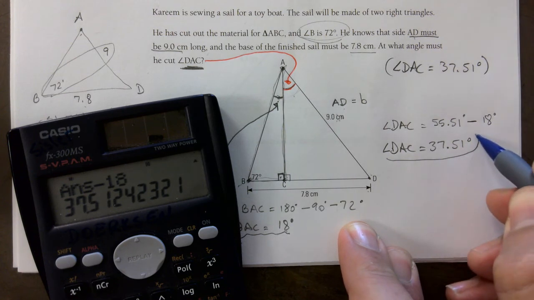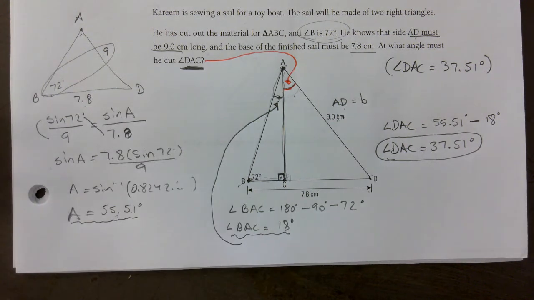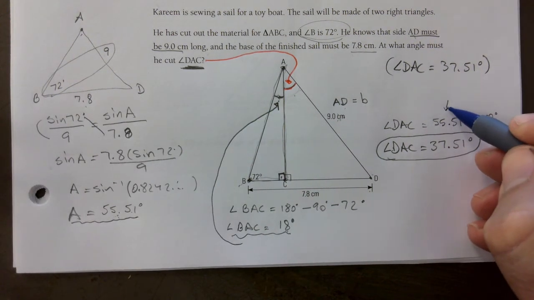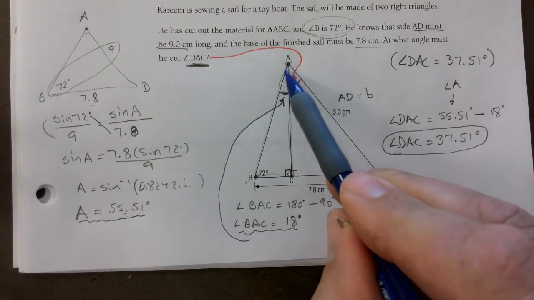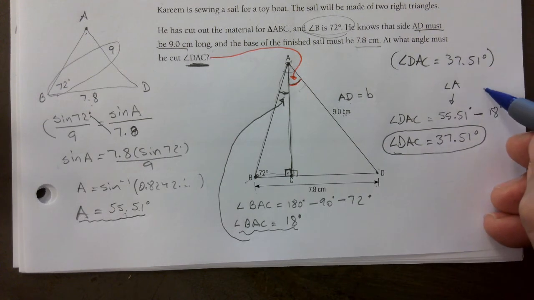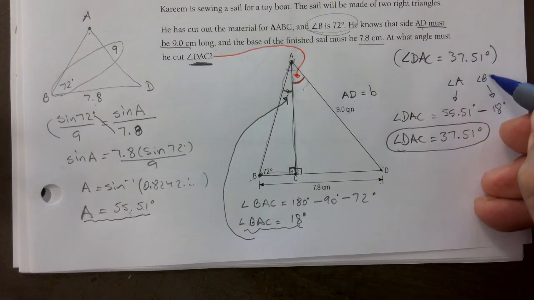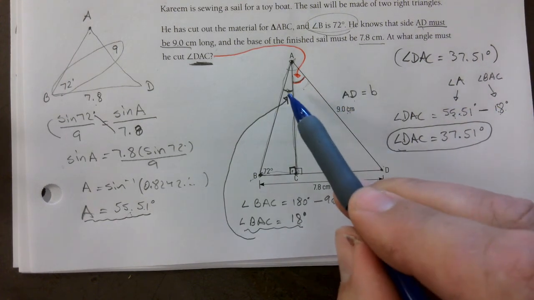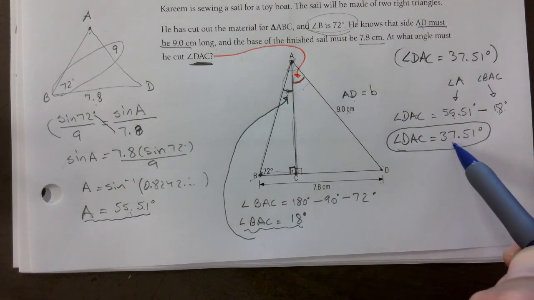This is what they were really after. Let's add this here. This is angle A, the whole angle A, that whole thing. And this is BAC. In subtracting this one from the whole thing, I get that sliver there.